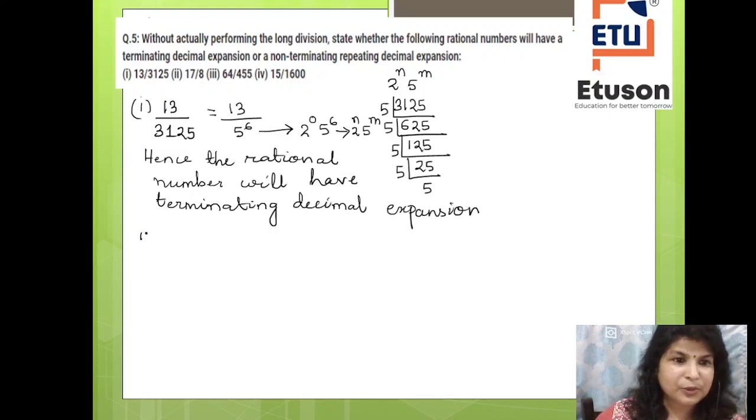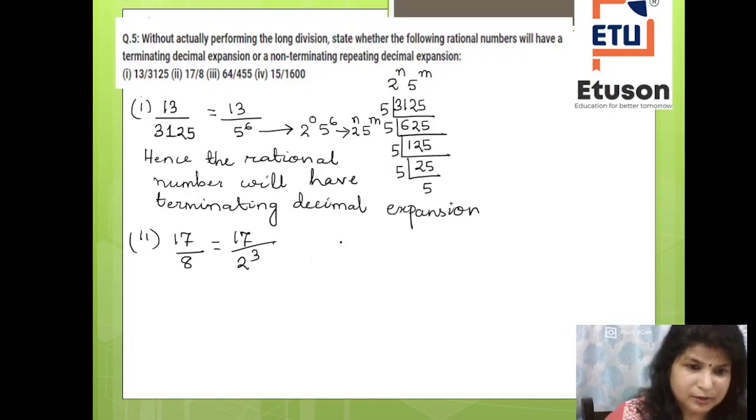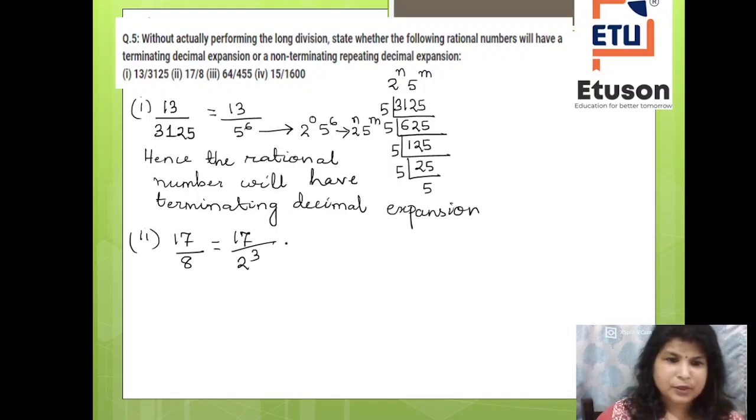So now we'll go to the next one which looks very easy, that is 17 by 8. Easy or not? What is 17? It is a prime number, no change in it. What is 8? We can directly pick 2 to the power 3, right? So now is it in the form of 2 to the power n or not? So you can write 2 to the power 3 and 5 to the power 0.